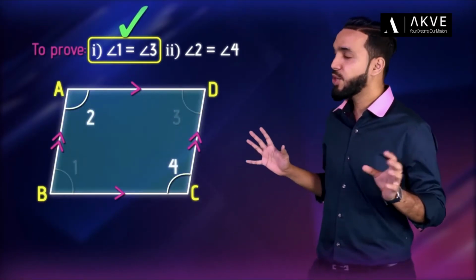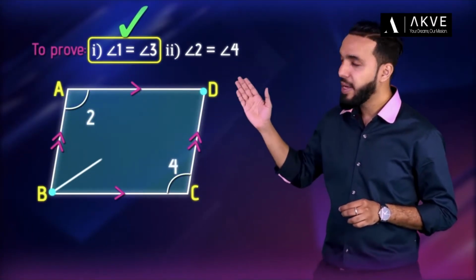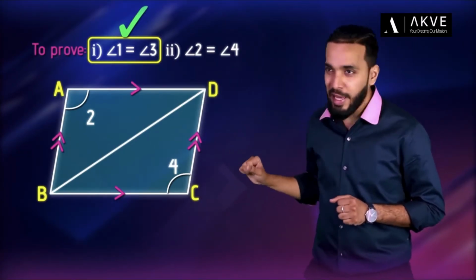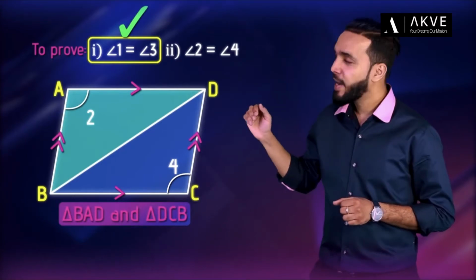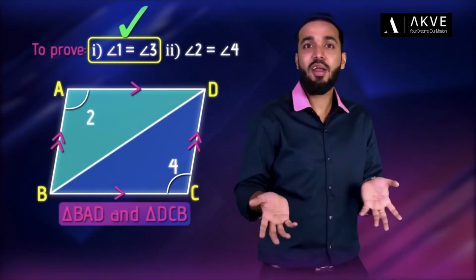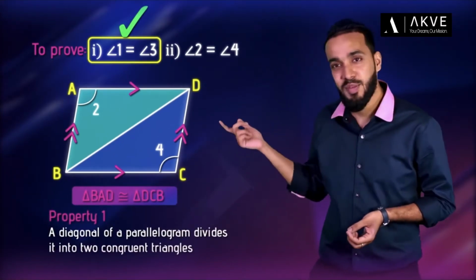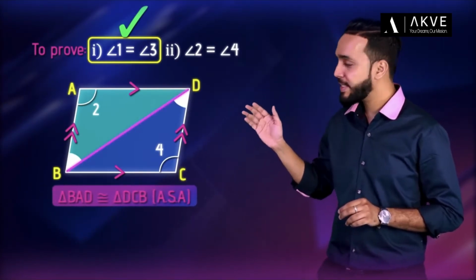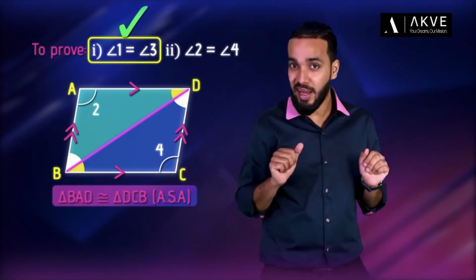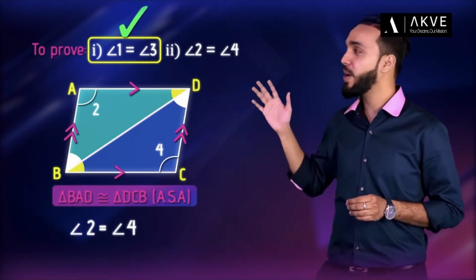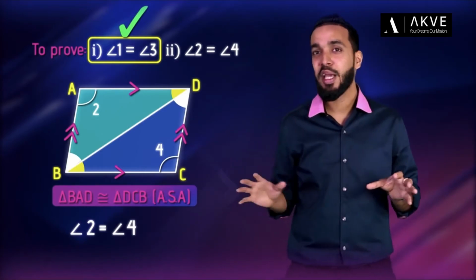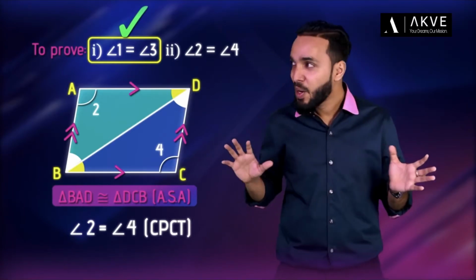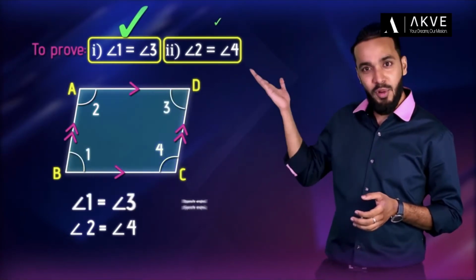Now, if we join non-adjacent vertices B and D, the parallelogram would now be divided into triangles BAD and DCB, which again would be congruent by the first property and also by the same ASA rule. Then angle 2 is equal to angle 4 because they are actually corresponding parts of congruent triangles. See, both parts of the requirement are proved.